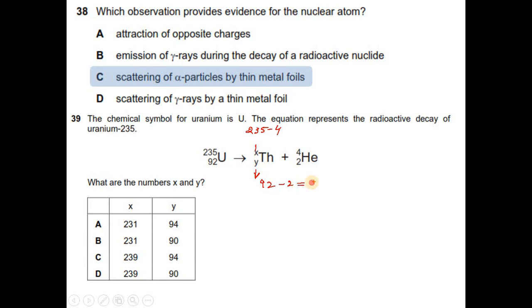That means Y is 90, and X must be 231. So your option is B. This is alpha decay: mass number decreased by 4 and charge decreased by 2. So the option is B.